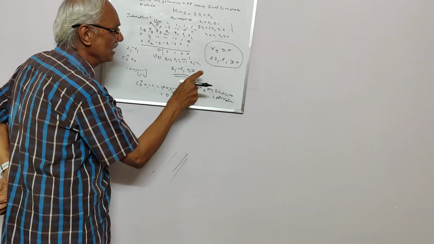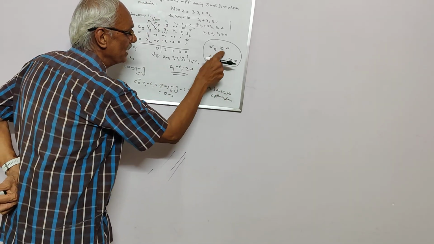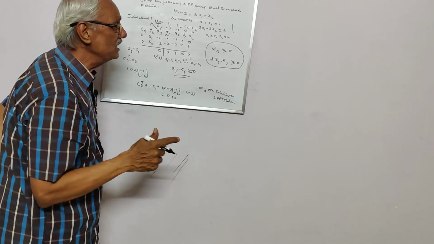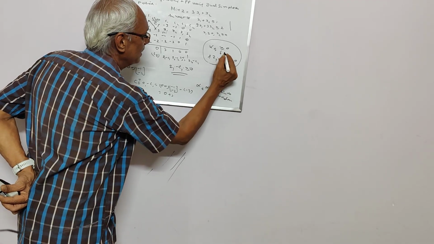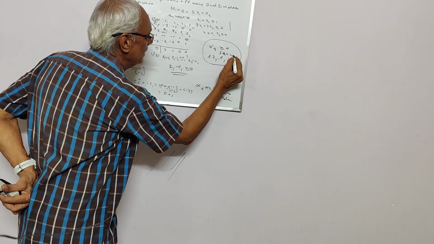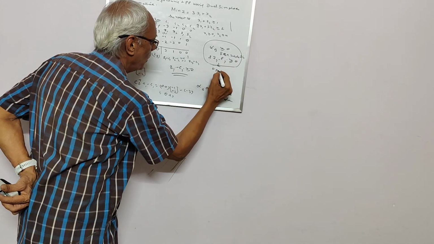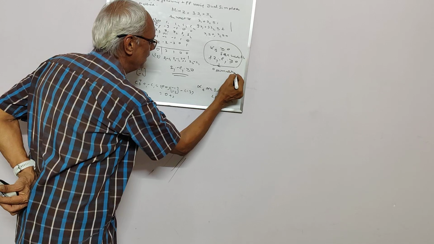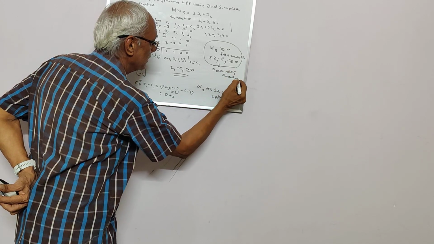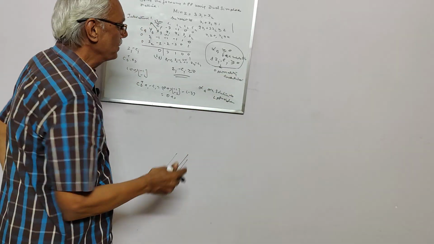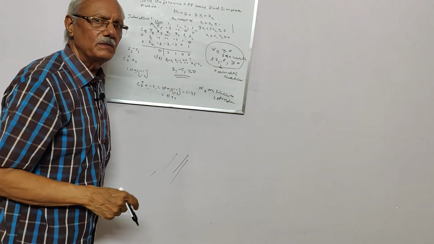This is called the optimality condition. XB value greater than or equal to 0 means feasible solution. So this is called the optimality condition and this is called the feasible condition.